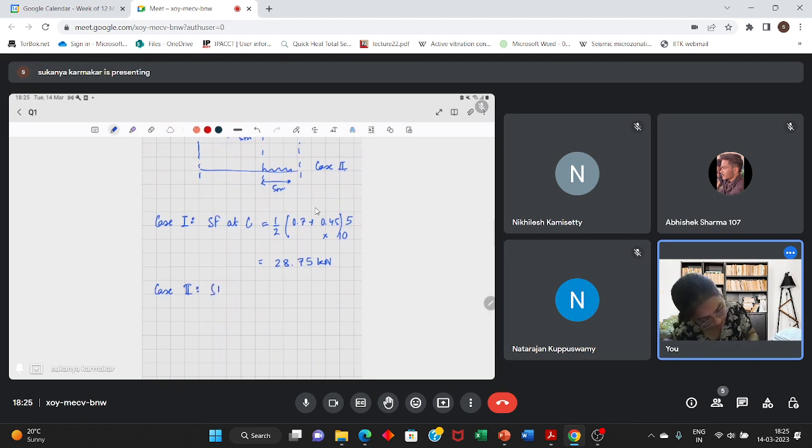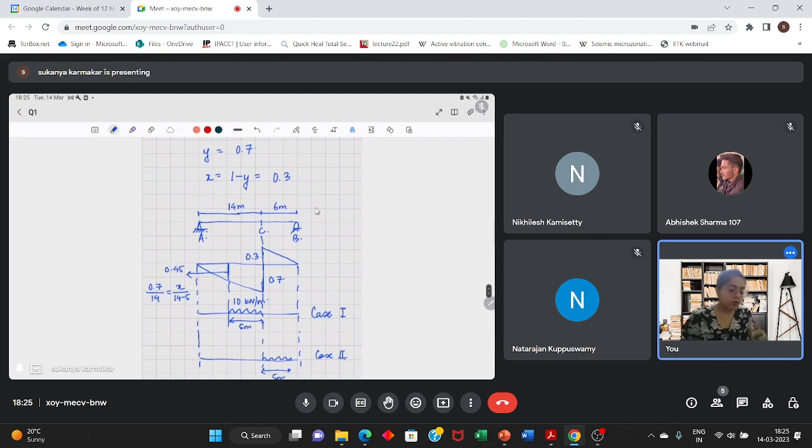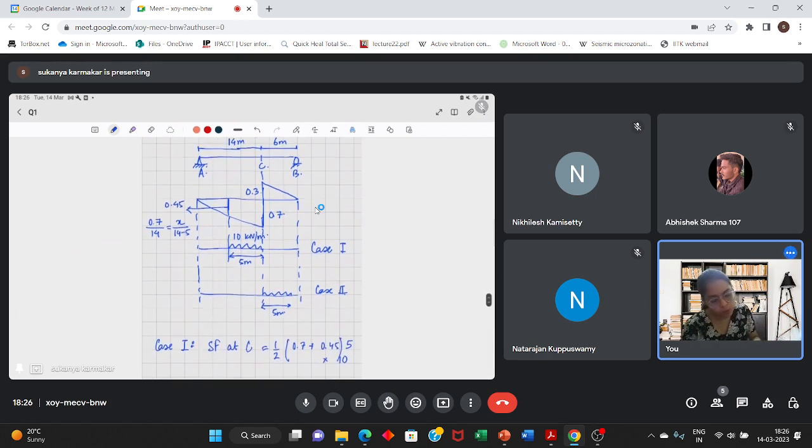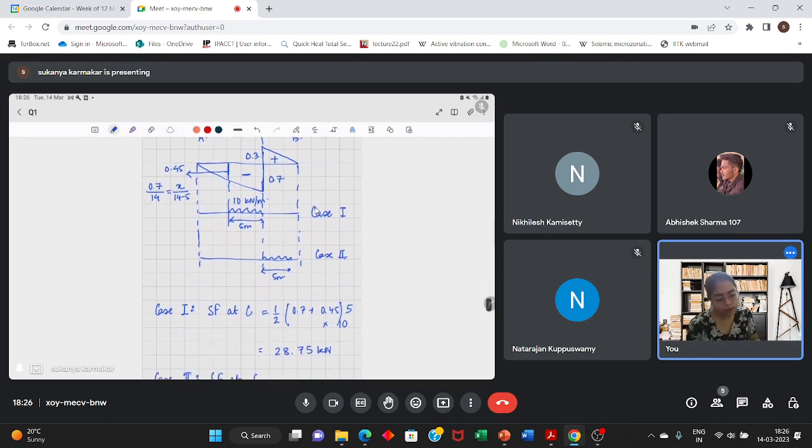Now considering case 2, shear force at C is half into how much is this height? This height is 0.3. We can already see this triangle is small, so area will be less. So let's calculate it, but there is no point in doing it. And here the sign of shear force is negative, and here the sign of shear force is positive.